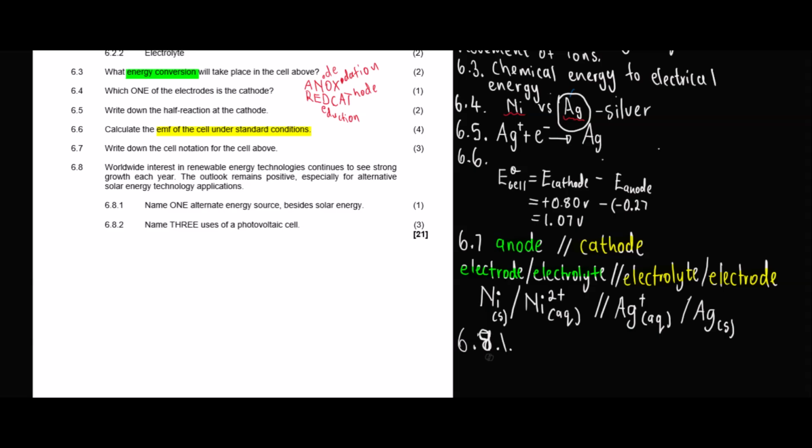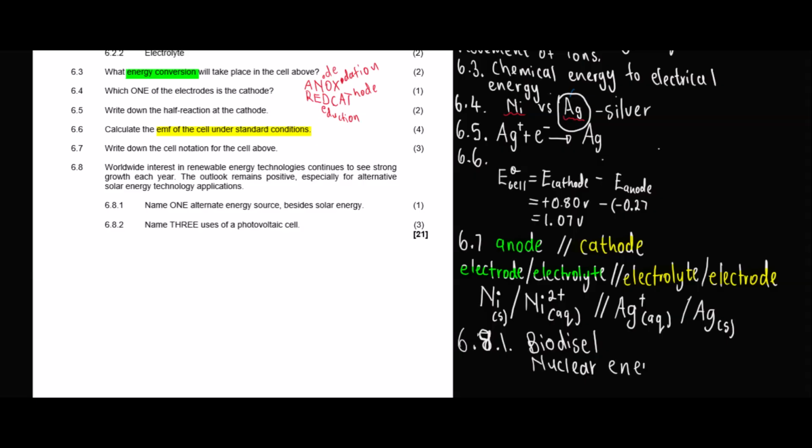Here they just wanted us to name one alternative energy source. We can talk about biodiesel, you can talk about fuel cell energy, or you can talk about nuclear energy.